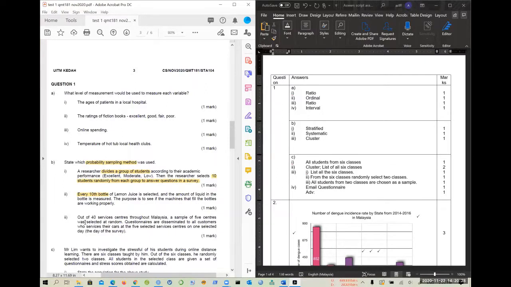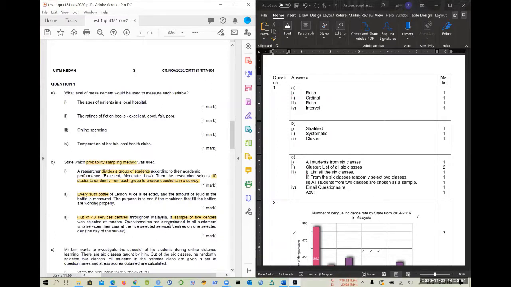Okay. The last one we have here for the part B is out of 40 service centers. So out of 40 service centers, a sample of 5 centers was selected. So dia kata sini, dia ada 40 service center, and then only select a sample of 5 center. Okay, daripada 40 dia hanya pilih 5 saja.